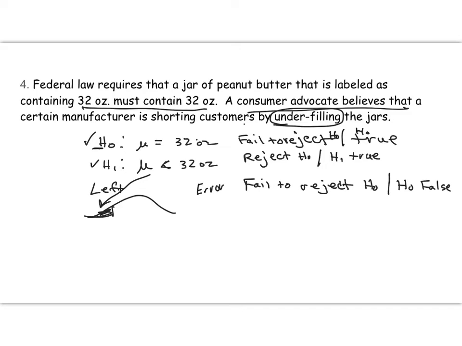And then I could reject my null hypothesis, and my alternative hypothesis could be false. This would also be an error. So I have two different conclusions that could be correct conclusions, and I have two different types of errors.